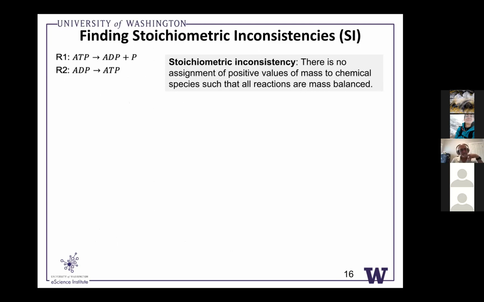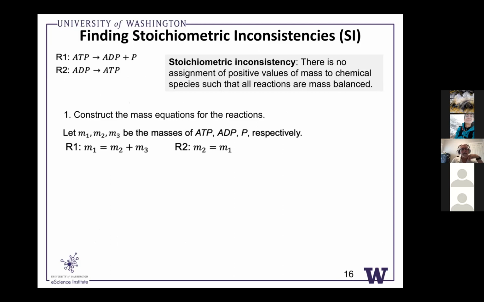Okay, so here's the idea: the way you detect one of these inconsistencies is that you're trying to figure out, and this is the formulation of the problem, a bit of a proof by contradiction. If you think in that framework, I think it really helps in figuring this out.